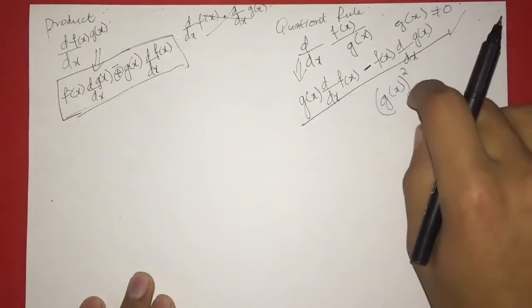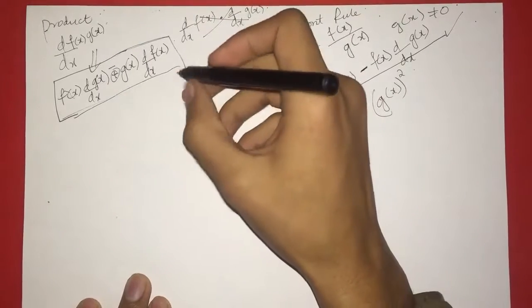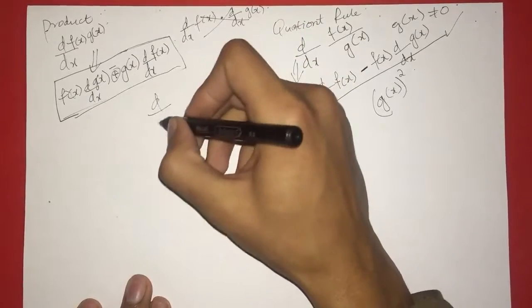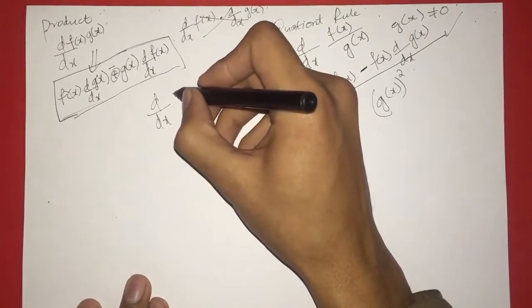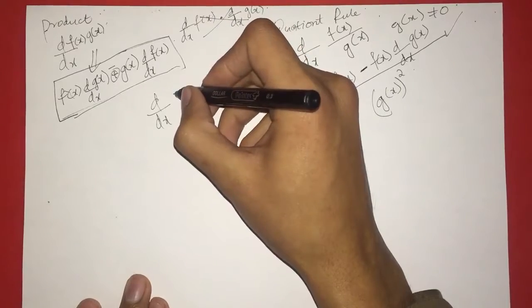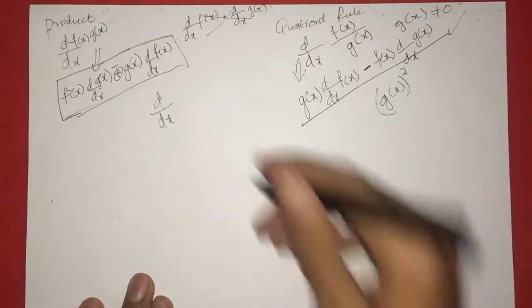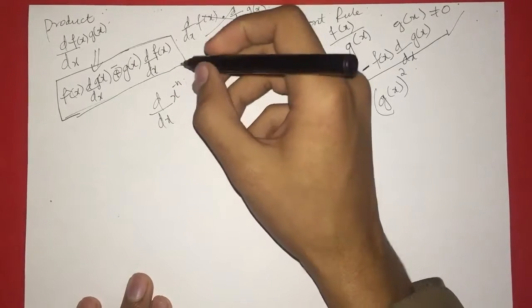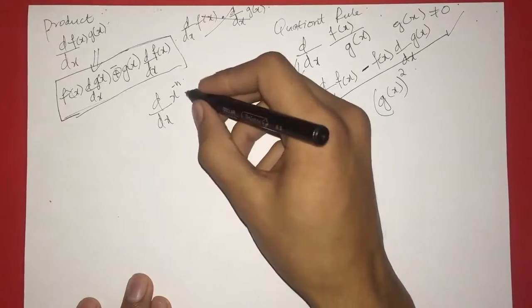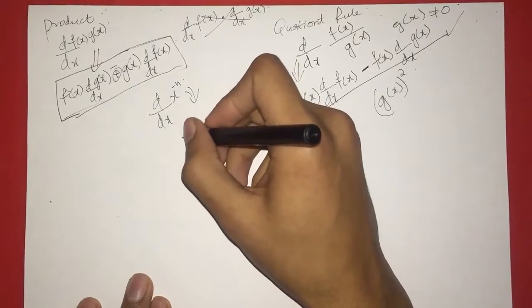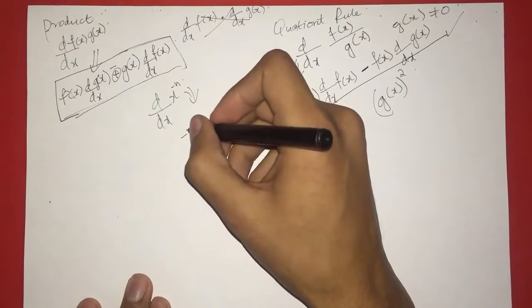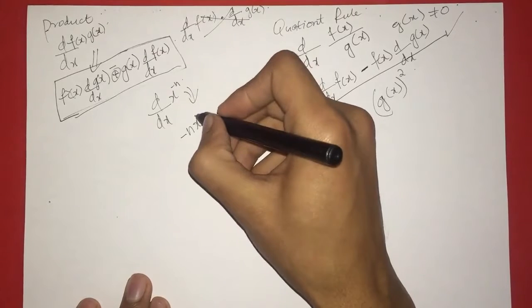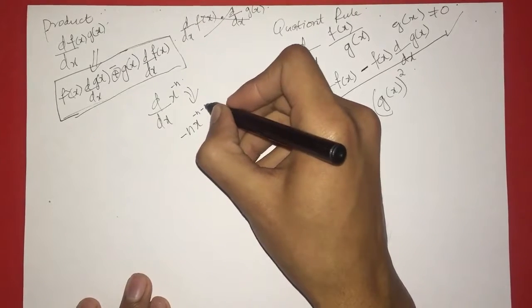This was the product rule, this was the quotient rule, and another is the power rule where you have a negative integer. Let's say that d by dx of x power minus n is going to be equal to minus n times x power minus n minus 1.